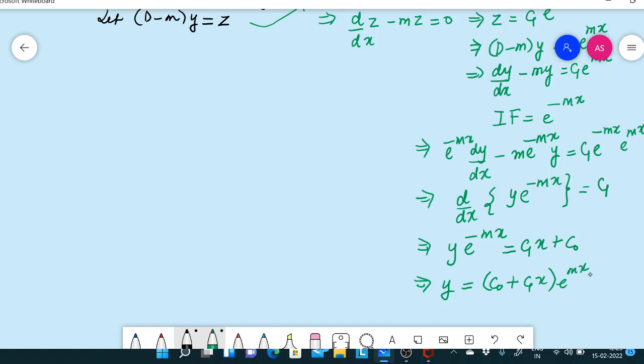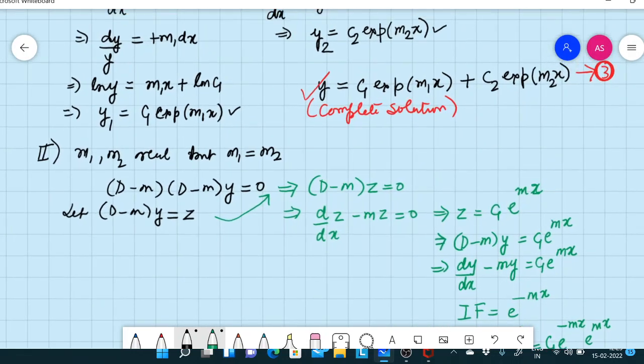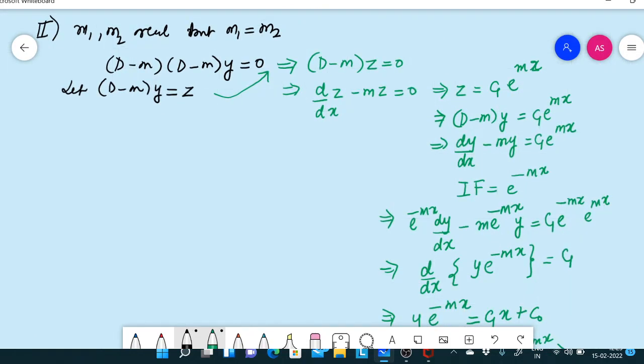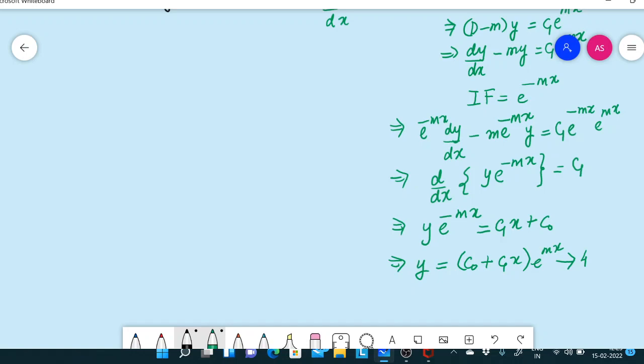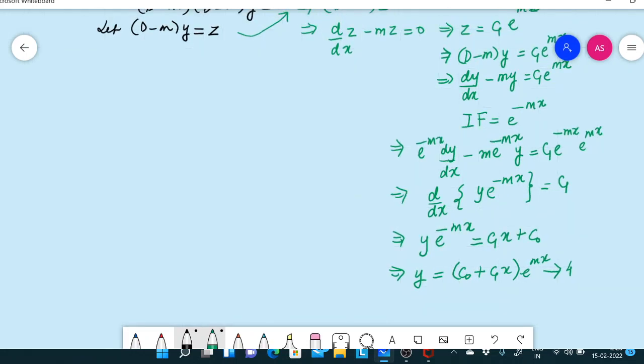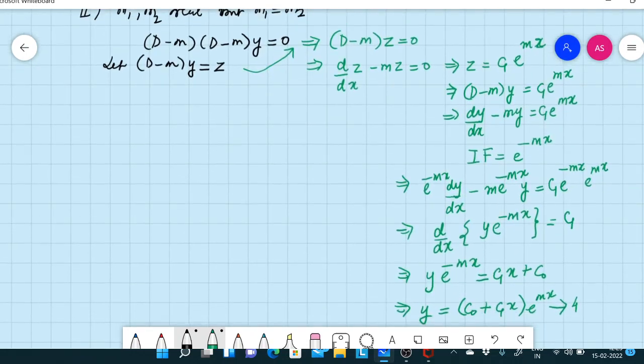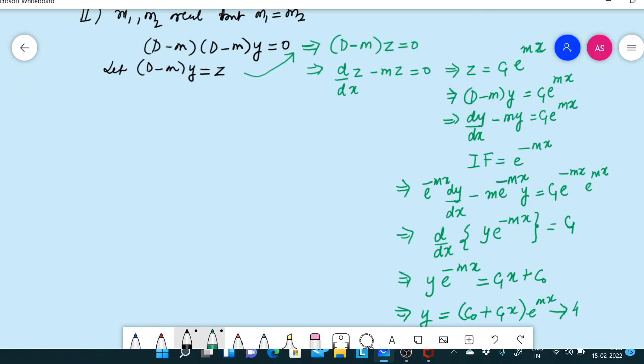So this gives rise to another equation, equation number 4. This was for the case when both the roots are equal in magnitude and real.